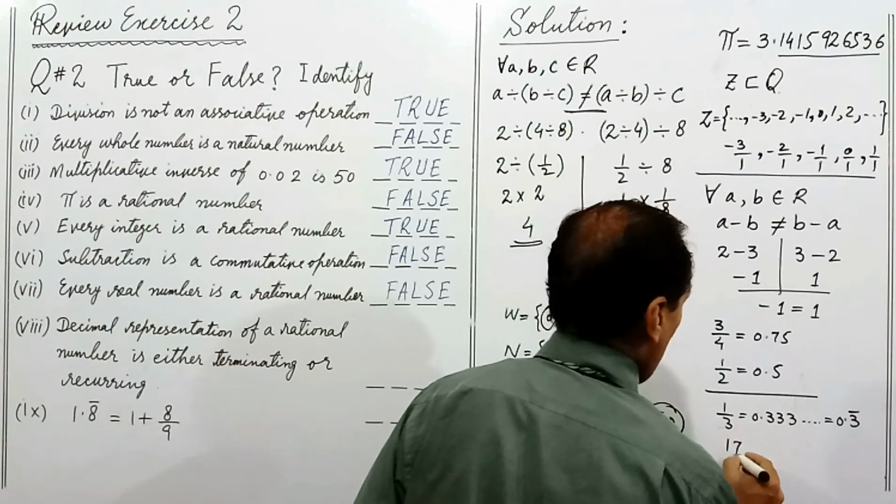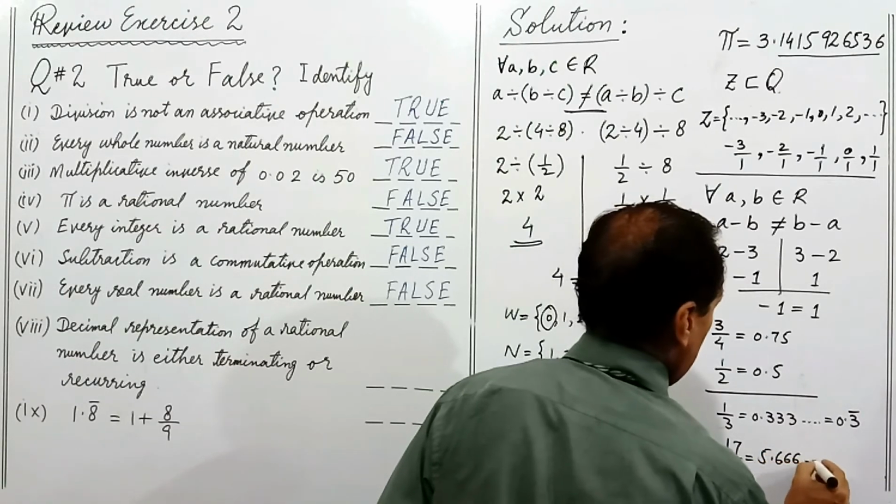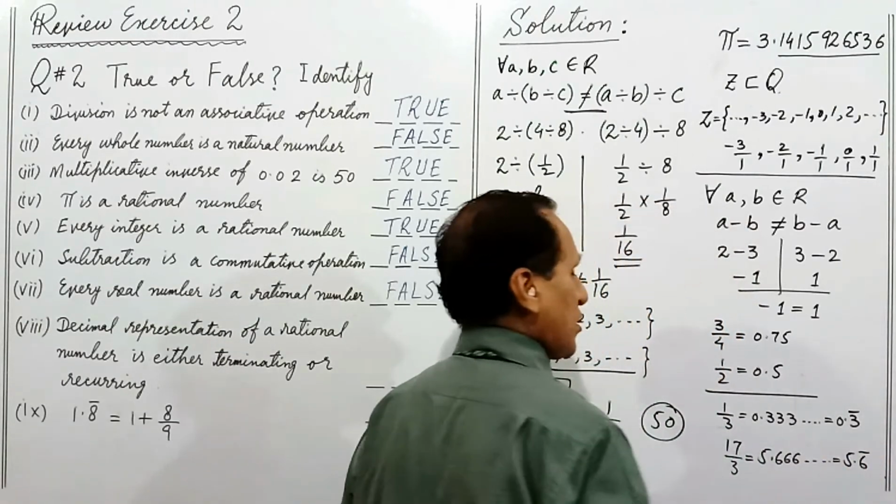So 17 over 3 is equal to 5.666 and so on, meaning 5.6 bar. So 6 is the repeating digit.